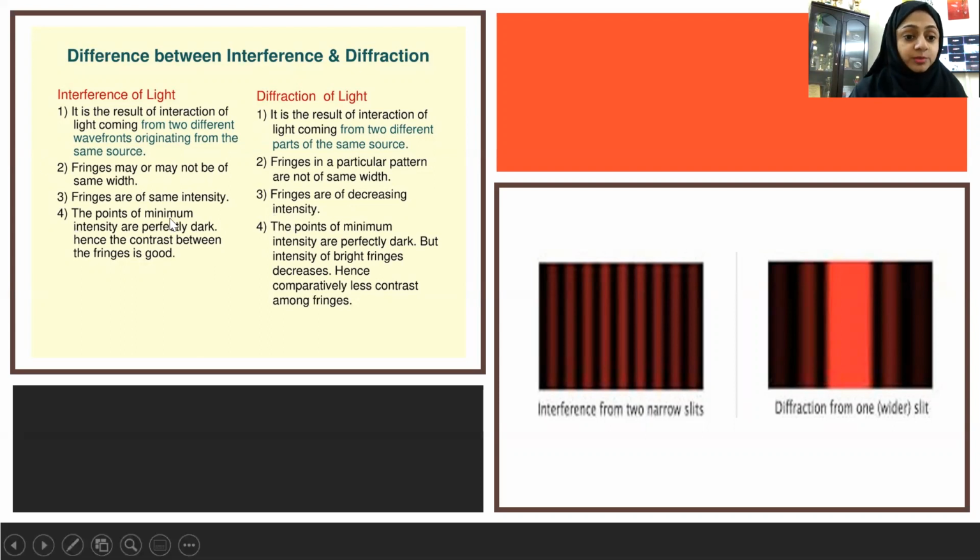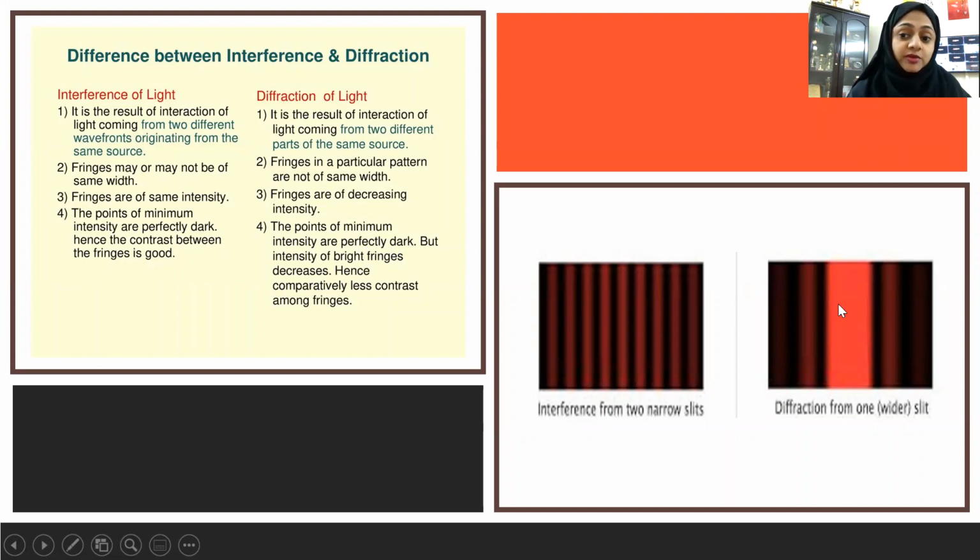Now, the points of minimum intensity are perfectly dark, hence the contrast between the fringes is good. See, you have perfect dark and bright fringes for the interference pattern, while in diffraction the points of minimum intensity are perfectly dark, but the intensity of bright fringes decreases.